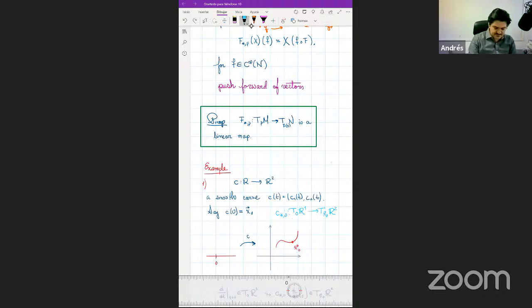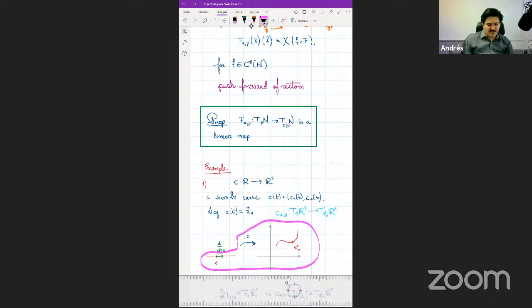So here, I have the vector, which is d over dt at 0, which relates to d over dx1 that we saw yesterday. In R, usually we use t instead of x. So for the time being, just think of this the way that you thought about this in calculus.